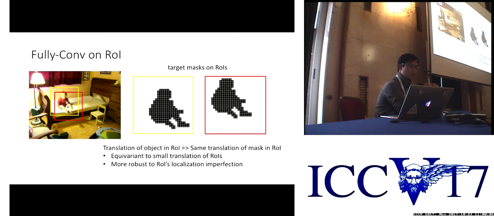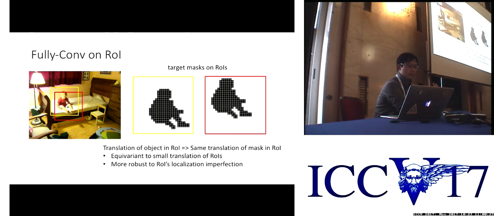And if you use a fully convolutional network on top of this ROI to predict the output, you may expect the output to be more or less the same if we ignore the paddings and the different contents introduced by the different pixels in these two regions.